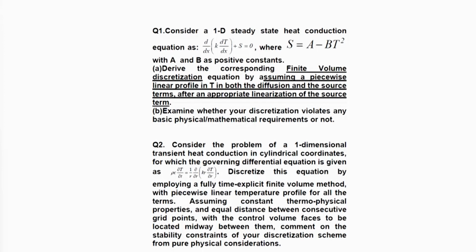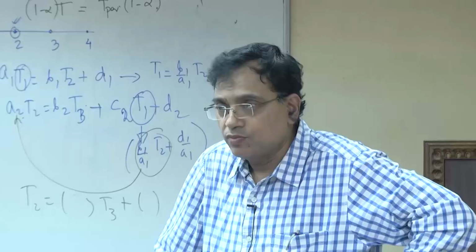and write the final discrete equations and examine whether your discretization violates one of those 4 basic rules or it satisfies. So this is number 1, and number 2, the second problem is the same unsteady problem but in cylindrical coordinate system. So you discretize and develop the finite volume method.